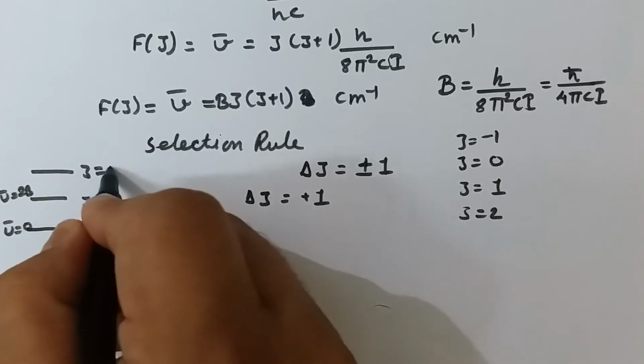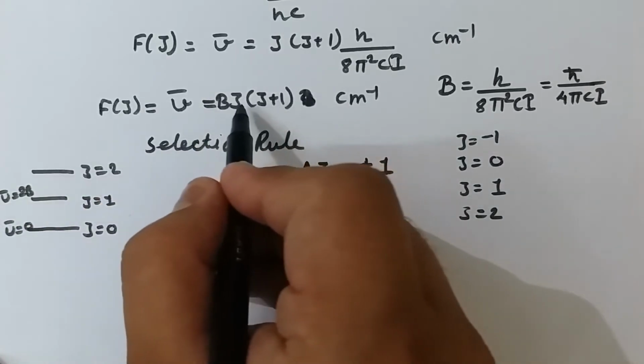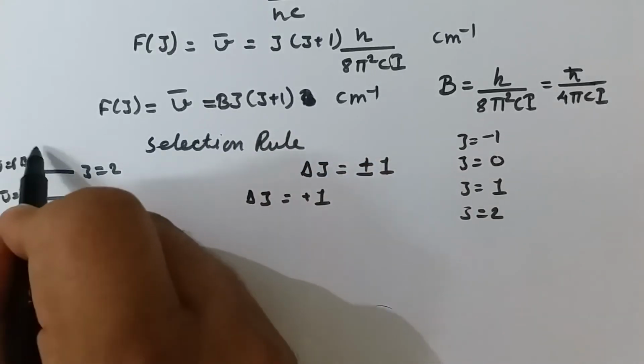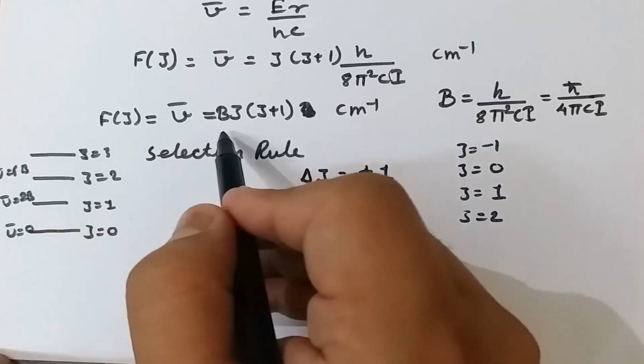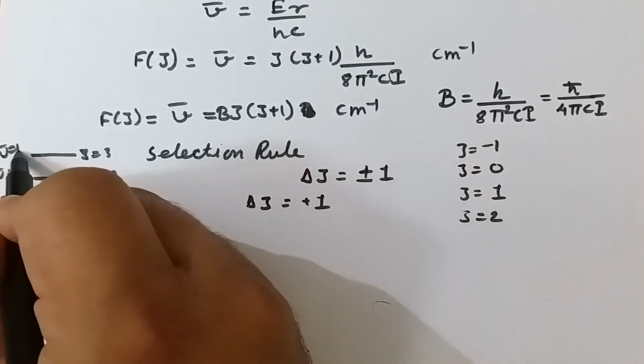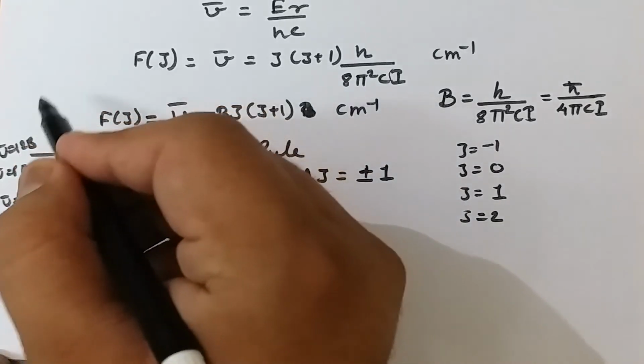For J is equal to 2, it will become 2 plus 1 is 3, and 3 twos are 6, so V bar will be 6B. And for J is equal to 3, it will be 3 plus 1 is 4, and 4 threes are 12, so V bar will be equal to 12B, 20B, 30B, 40B and so on.